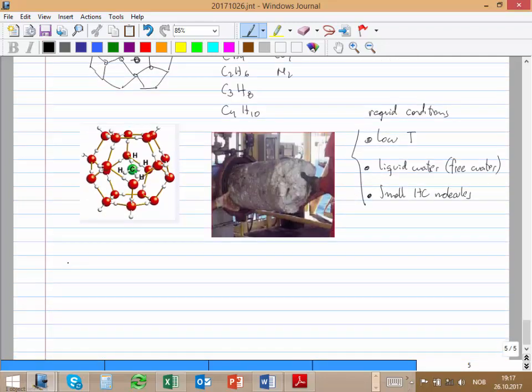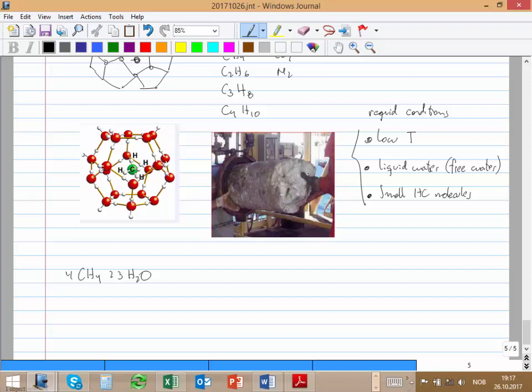Just as a side note, the formula for hydrates is 4CH4·23H2O. So you might think it's a lot of water and it takes only a bit of hydrocarbons, so I shouldn't be so concerned. But if you put a match on this block, it's going to burn. And why?